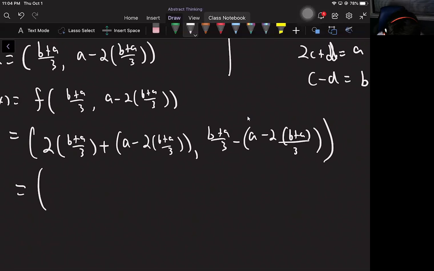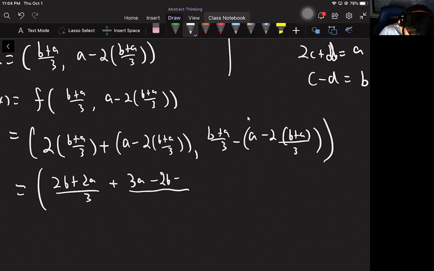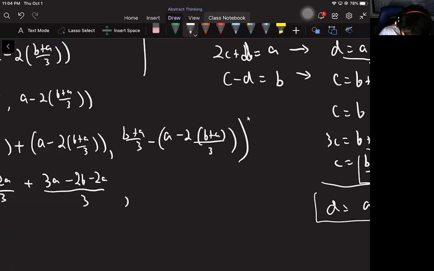Let's see what happens. I get 2b plus 2a over 3, plus, getting a common denominator here, 3a minus 2b minus 2a over 3, comma, and this one needs a common denominator too, 2b plus 2a over 3, minus 3a over 3, wait, minus 2b minus 2a.